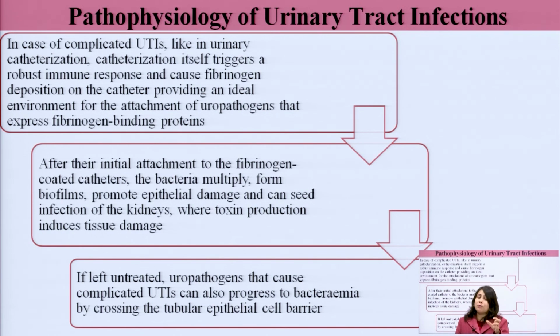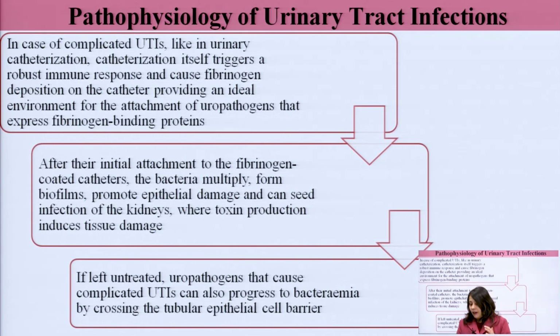They have an affinity to bind to fibrinogen, and this provides them a very good growth medium. After their initial attachment to the fibrinogen-coated catheters, the bacteria multiply, form biofilms, promote epithelial damage, and can seed infection of the kidneys, where toxin production induces tissue damage.